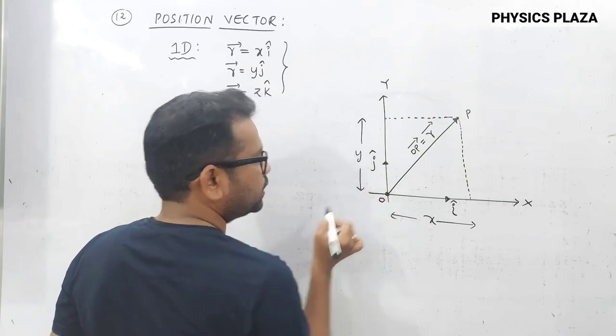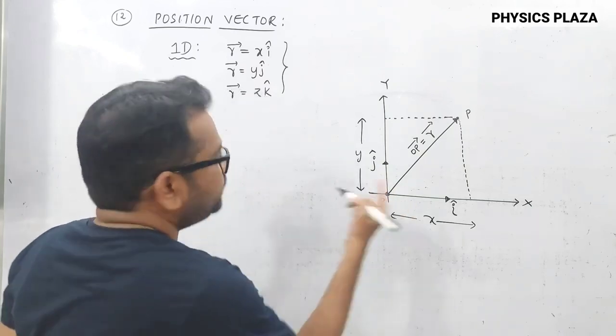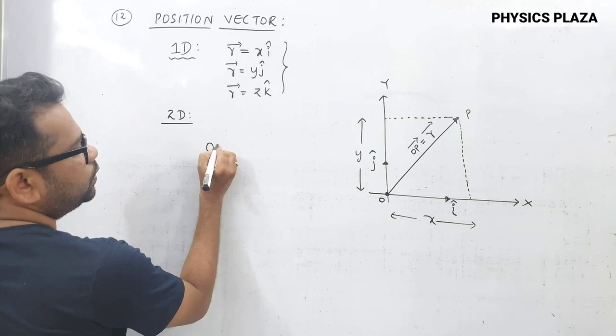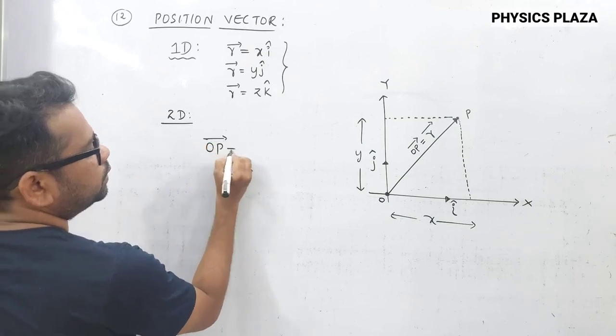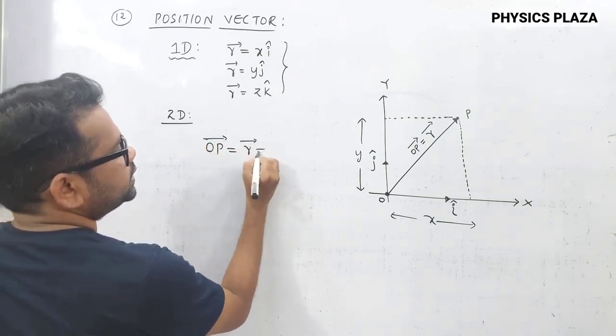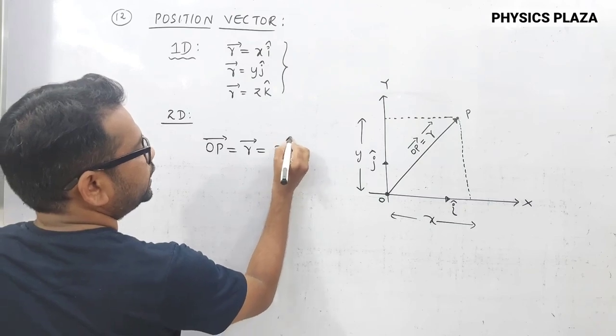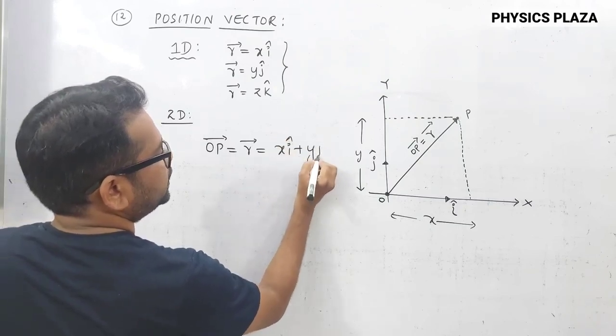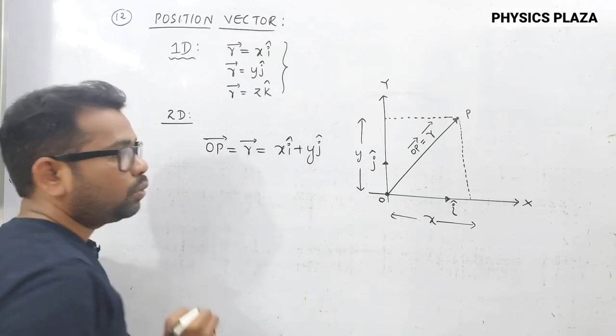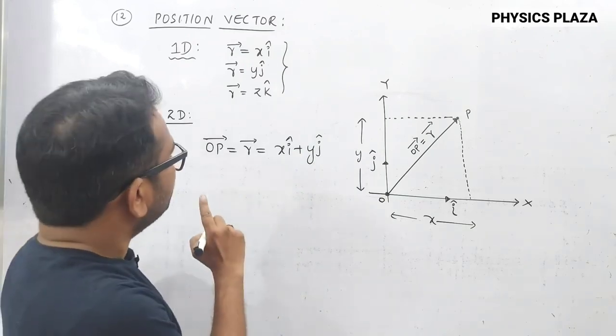Then the position vector can be written as OP bar or r bar is equal to x i cap plus y j cap. So this is how we can represent a position vector.